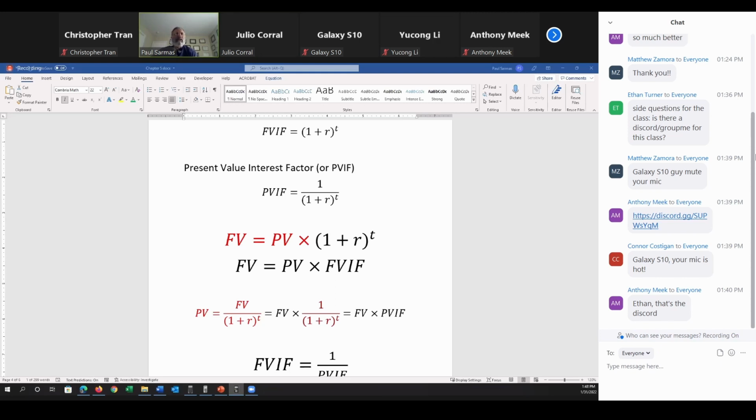So let me see. If I take 1.09 to the power 60, you can tell the class if this is correct. 176.0313. That is correct. Okay.